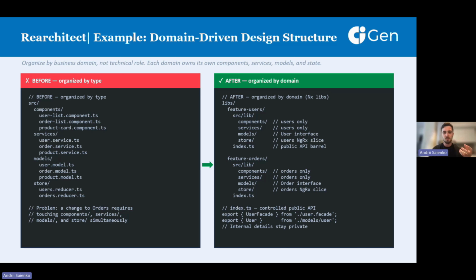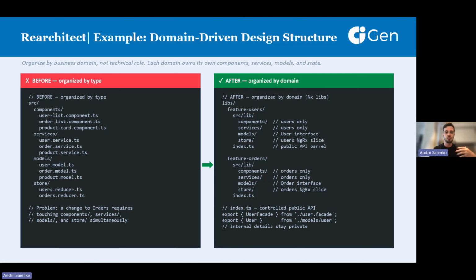On the left, we have the traditional Angular structure, which groups all components together, all services together, all models together. And when you make a change to the orders domain, for example adding some field in the model, you have to touch four separate folders.